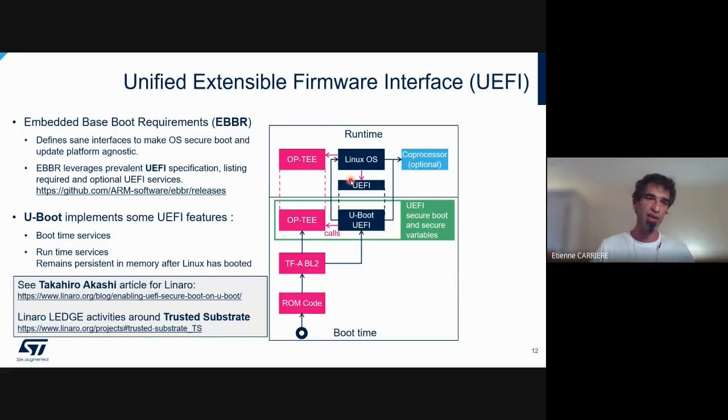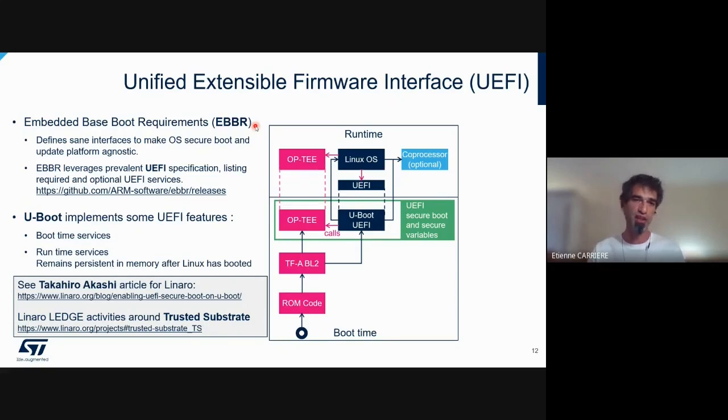This is also related to a specification called EBBR, for Embedded Base Boot Requirements, which is a specification from ARM. We put the references here. It's a specification that aims at having all the embedded device categories of ARM SoCs conform to the same way of providing OSs.